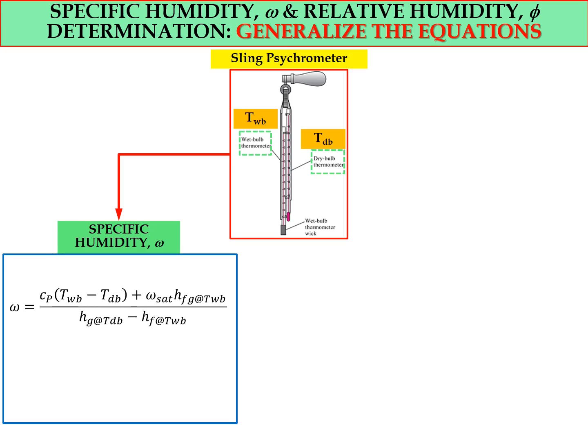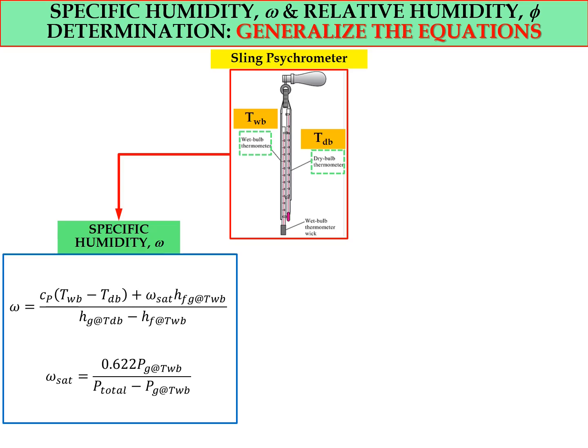We can determine hfg from the saturated water table by referring to the wet bulb temperature, and divide by hg at dry bulb temperature minus hf at wet bulb temperature. This is the generalized equation for omega based on the temperatures obtained from the sling psychrometer.